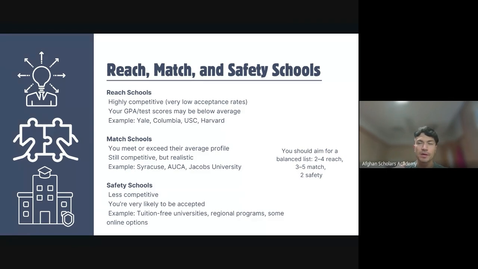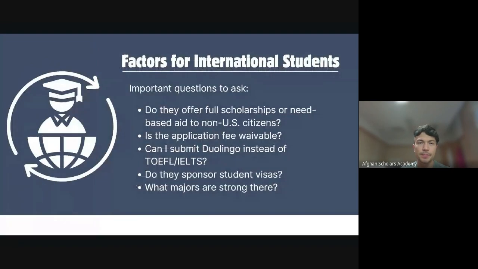Do not go beyond two to four reach schools, three to five match schools, and two or three safety schools. I would say apply more to match schools, because that is the area where you are more comfortable, and you would likely get in. I hope you understand the types of schools that you should apply to.